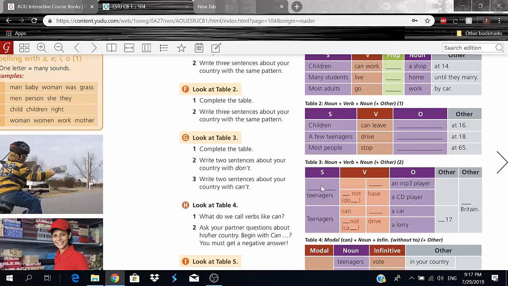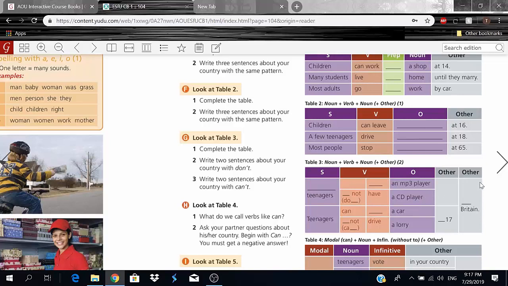I'm not going to say kids, that was just weird. So most teenagers do not or don't, both are correct, have an MP3 player or have a CD player, right? And in the other, that will be blank.